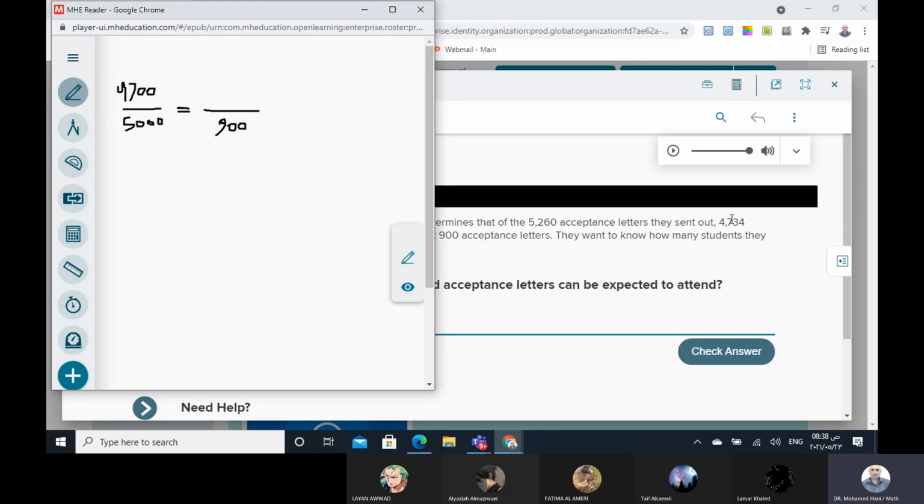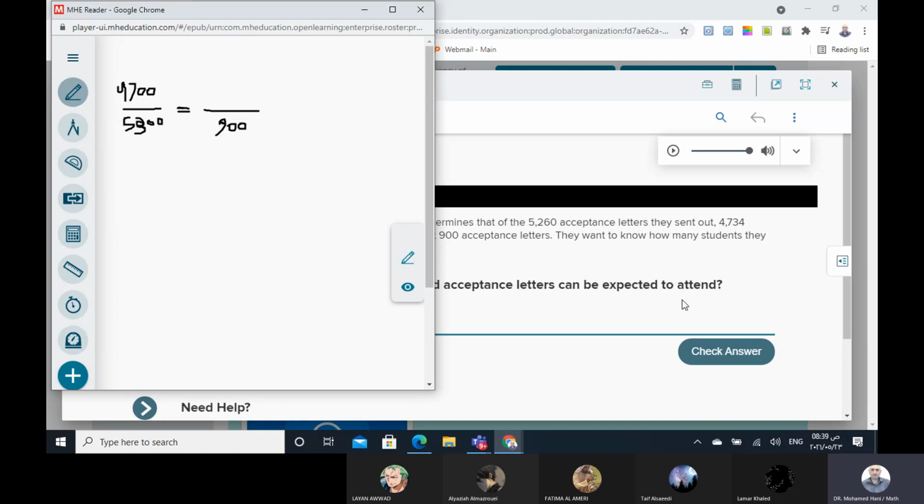If you choose the hundreds, the digit to the right will be 3, less than 5, so remove 3 and 4 and put 2 zeros. So the answer will be 4,700. And here, the digit to the right will be 6, more than 5, so add 1 here. So we can write 5,300.